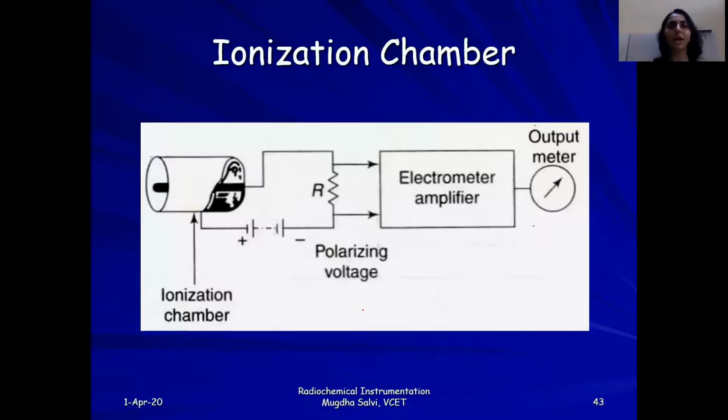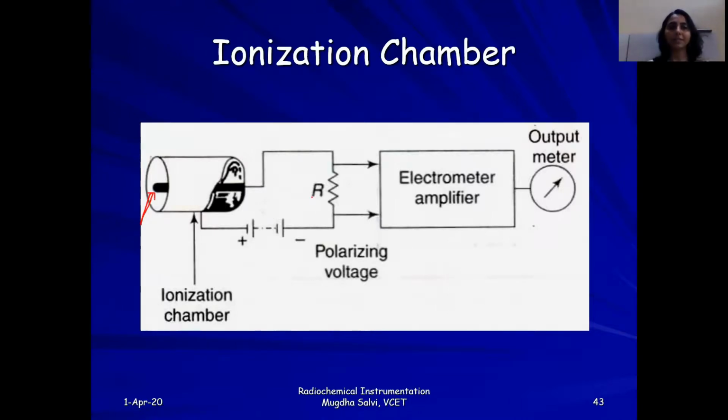So the first one, ionization chamber. In this, you have a circular anode and you have a cathode which is placed inside. This, what you can see placed inside, is the cathode.